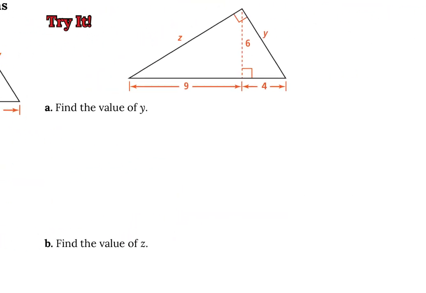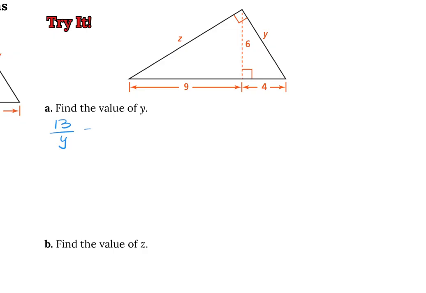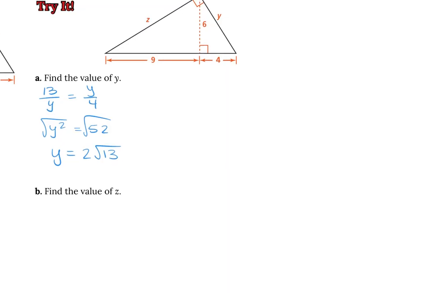In our try it, we want to find the value for y. So 13 over y would equal y over 4. Cross multiply. Square root. So y will end up being 2 square root of 13. Now we want to find the value of z.